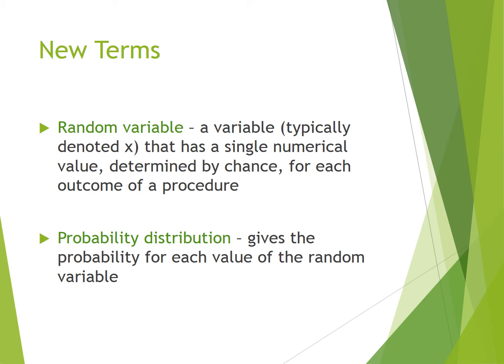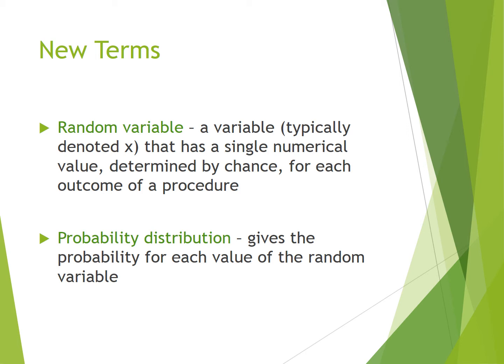The probability distribution then would be each of these values with their associated probabilities. Now, I'll show you later how we find these, but the probability of having no girls out of 3 children is 1/8. The probability of having 1 girl out of 3 children is 3/8.